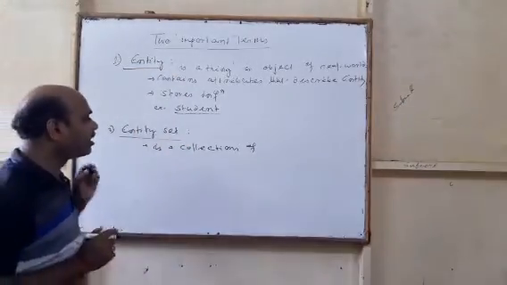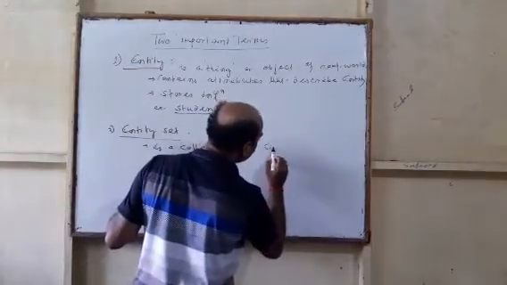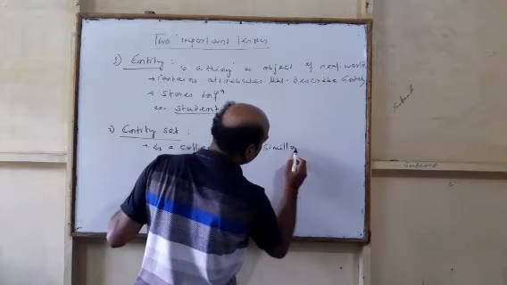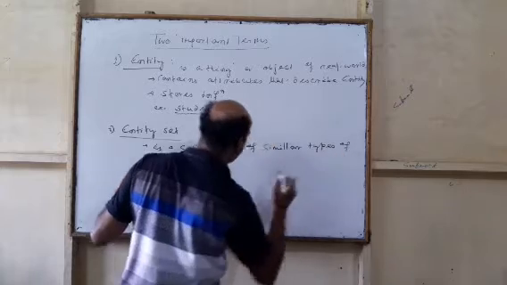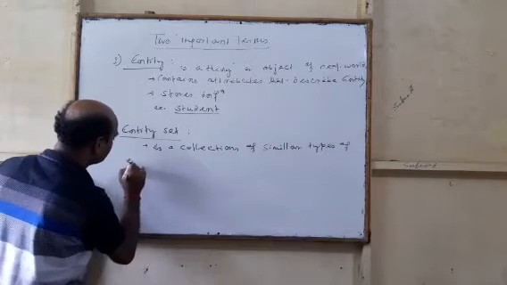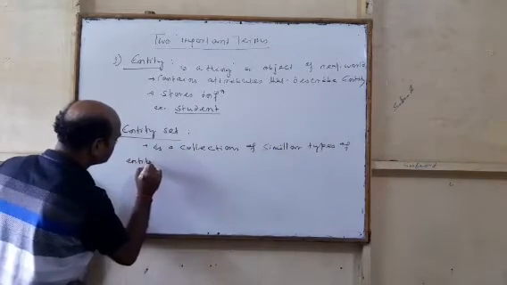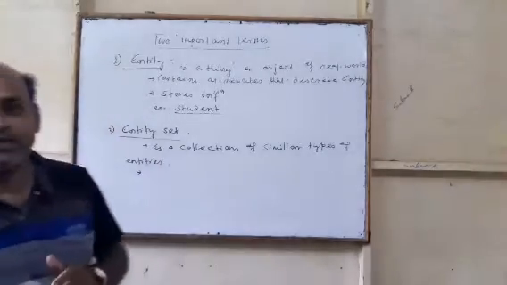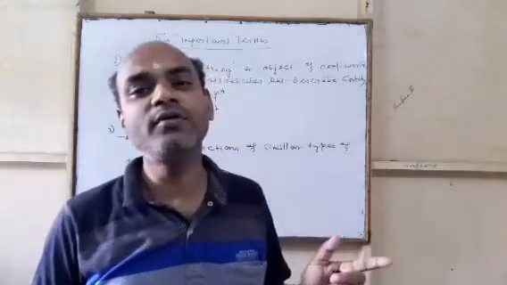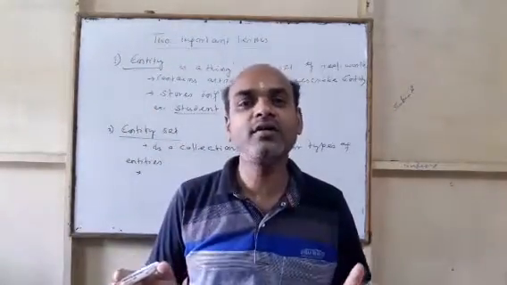The collection of similar types of entities, or a group of similar entities, is the entity set.